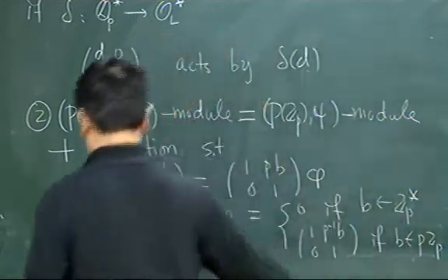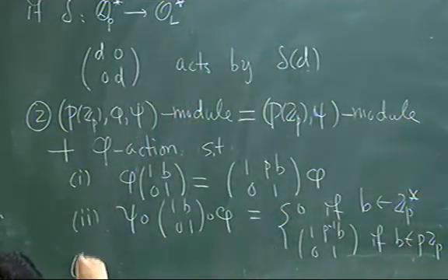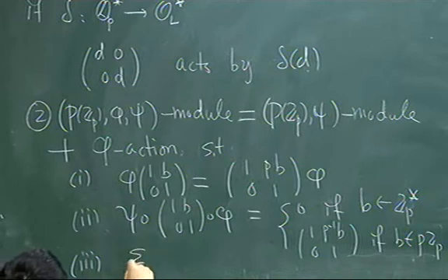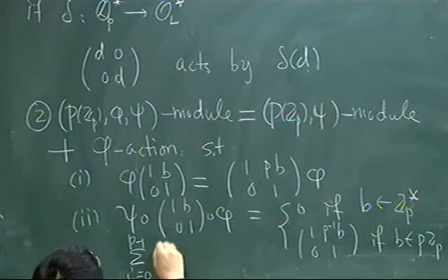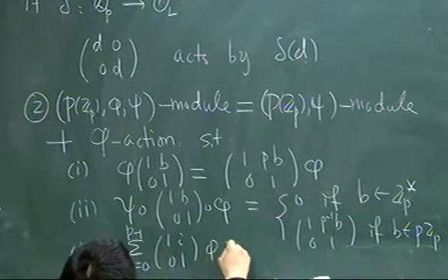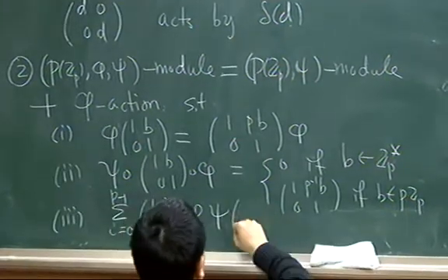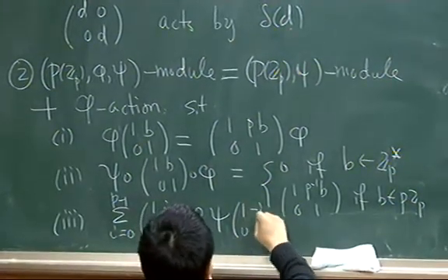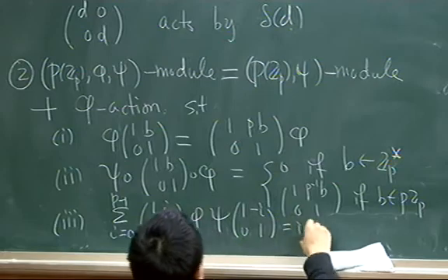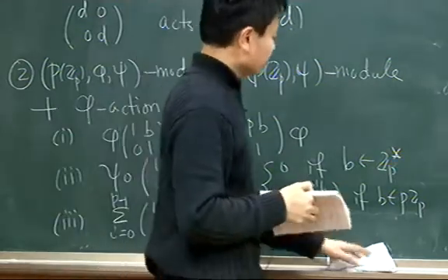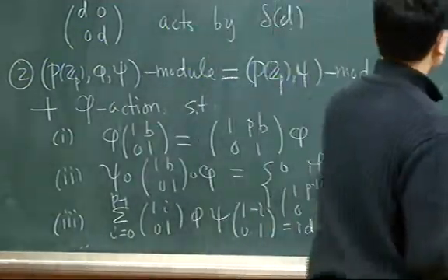The third: the sum over i from 0 to p minus 1 of (1 i; 0 1) phi psi (1 minus i; 0 1) is just the identity.